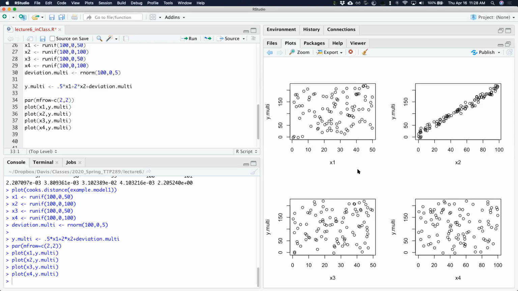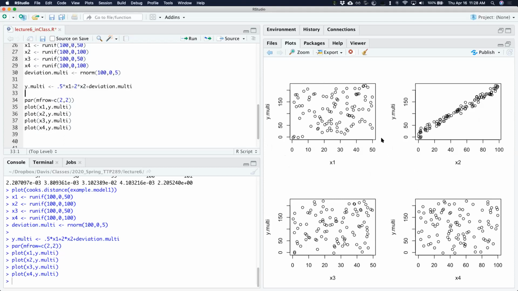But there's a caveat here: in some cases it's really clear, but in other cases it may be less so, and that's even knowing that there is a relationship between our x1 and our response variable. So it's a handy diagnostic tool to help with variable selection in some cases, such as here.